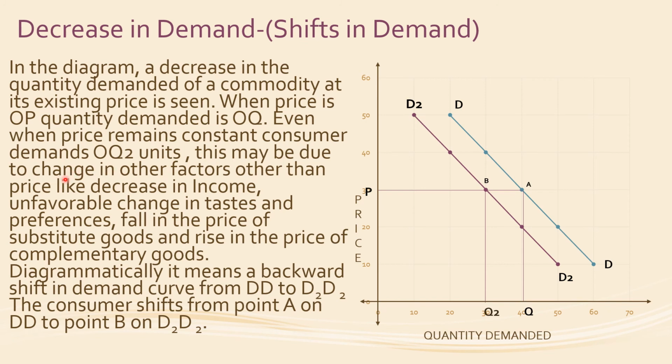This may be due to change in other factors other than price, like decrease in income, unfavorable change in tastes and preferences, fall in the price of substitute goods, and rise in the price of complementary goods. Diagrammatically, it means a backward shift in demand curve from DD to D2D2. The consumer shifts from point A on DD to point B on D2D2.